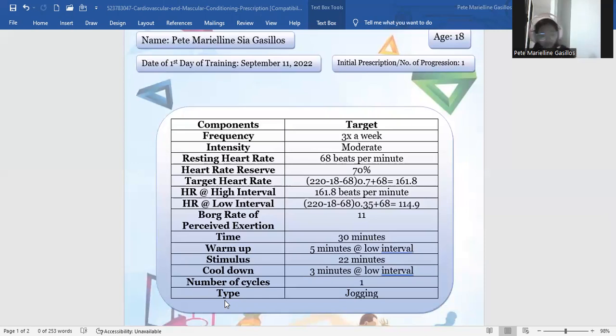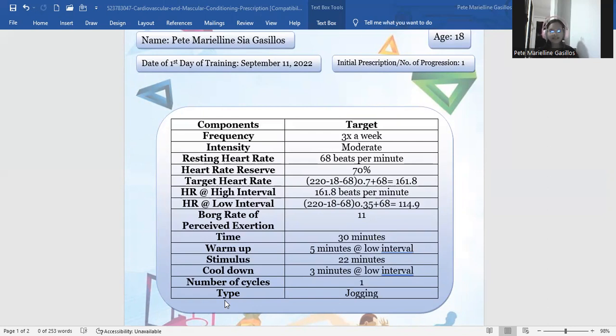The frequency refers to the number of times that the activity is performed each week. Our teacher tasks us to do it 3 times a week.